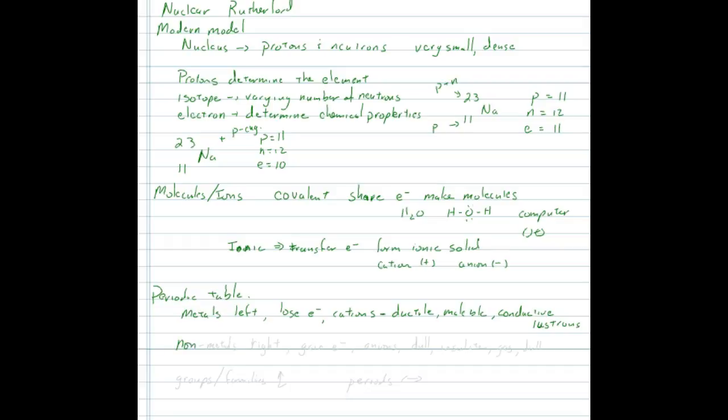Nonmetals are on the right, upper right hand in general. They gain electrons. When they gain electrons, they form anions, and typically, many times they are gases, but not always.